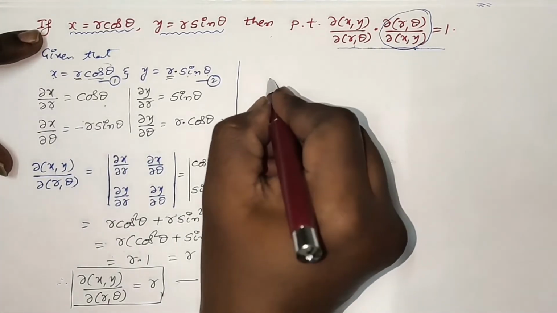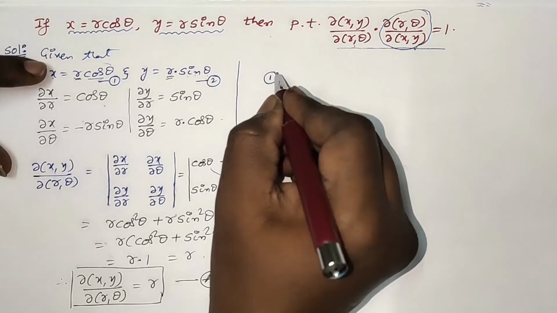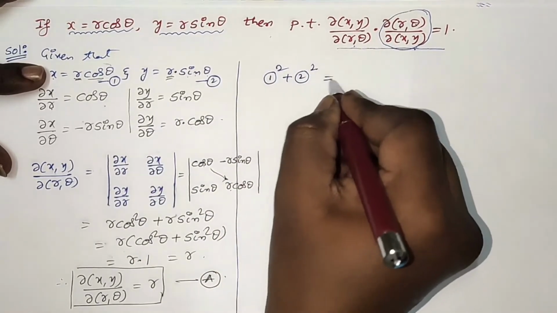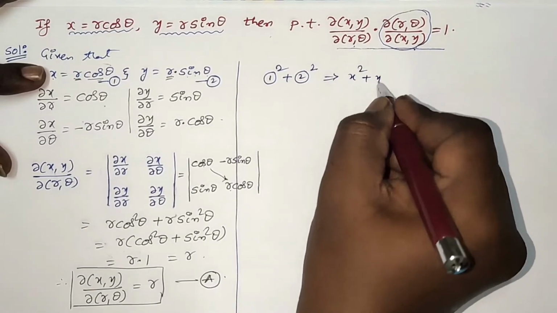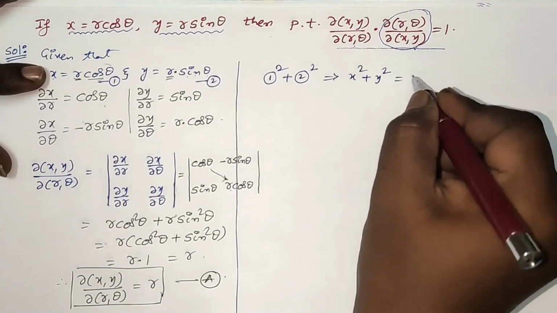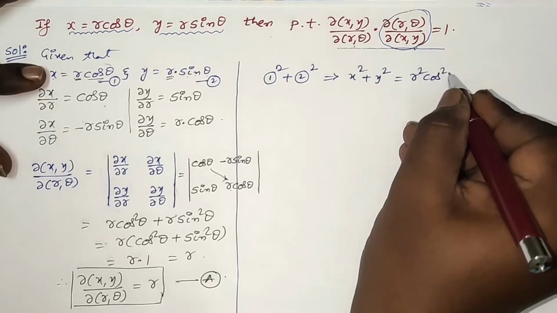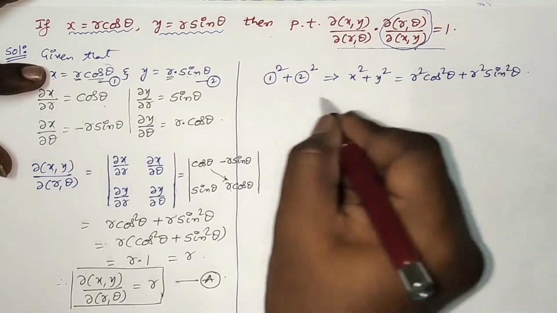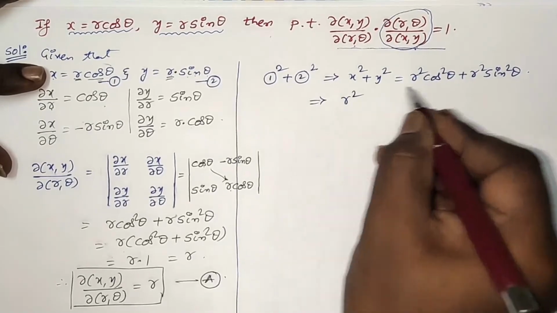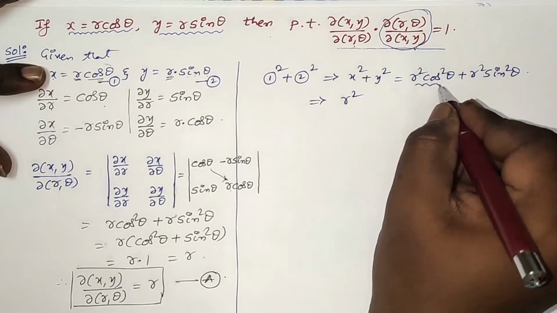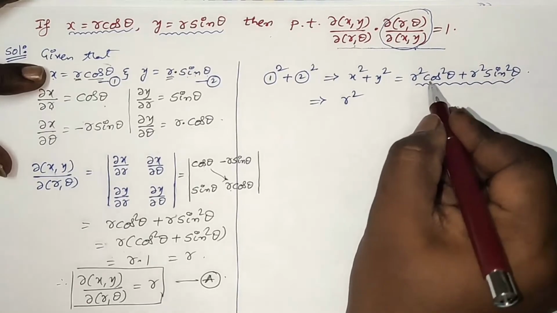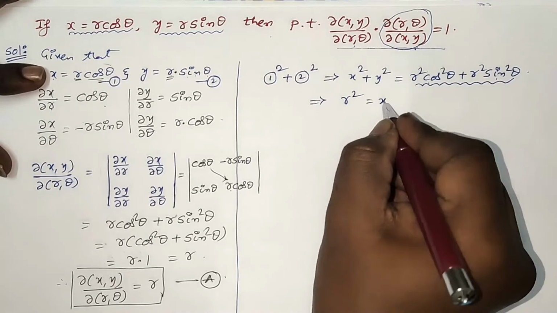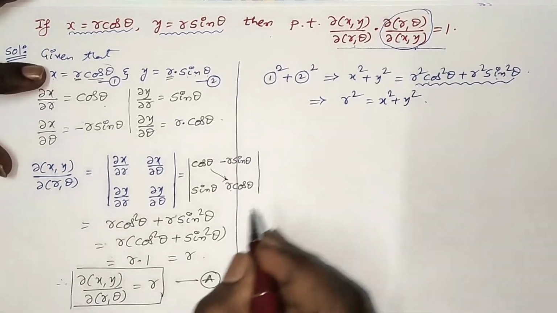For that purpose, I am squaring 1 and 2 and adding them. 1 square plus 2 square implies x square plus y square is equal to r square cos square theta plus r square sin square theta. Here r square is the common term on the right hand side. The remaining part is cos square theta plus sin square theta, which is 1. So you will get r square is equal to x square plus y square.